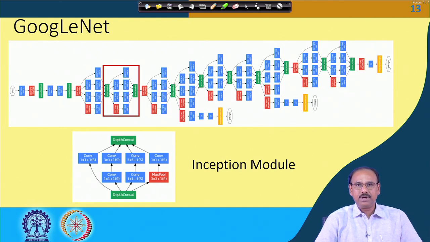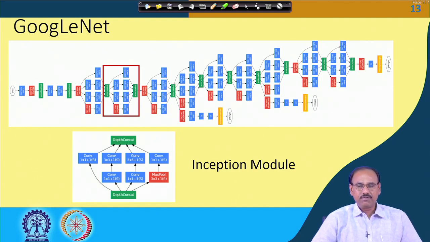As we discussed in the previous class, GoogleNet consists of 9 inception modules, and every inception module computes features at different scales, starting with convolution kernels of size 1 by 1 to convolution kernels of size 5 by 5.